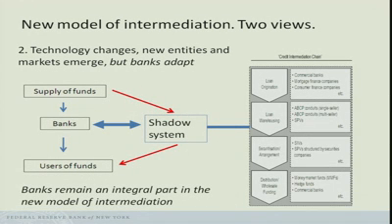But what we suggest in our study is that we should at least allow for the possibility that the incumbent institutions, the regulated banks, have a way to adapt to this changing technology of intermediation, and they adapt by essentially changing the way in which they cater to the needs of intermediation. And by doing so, and I will be more specific in a couple of slides, they remain an integral part in the new model of intermediation.